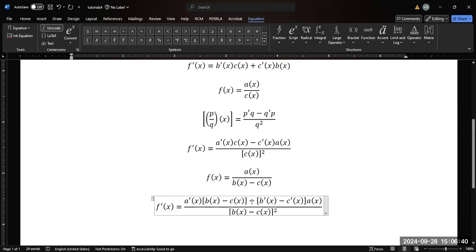So this is our P prime, and this is Q, and this is Q prime, and this is P, and this is Q squared.